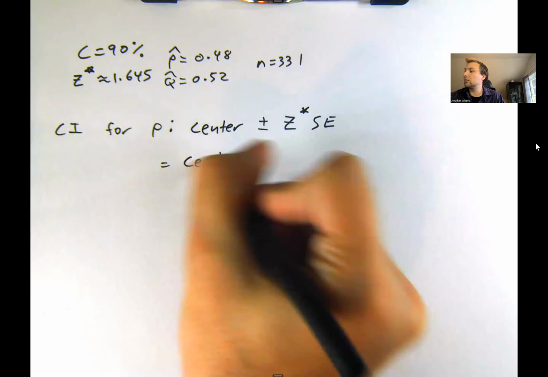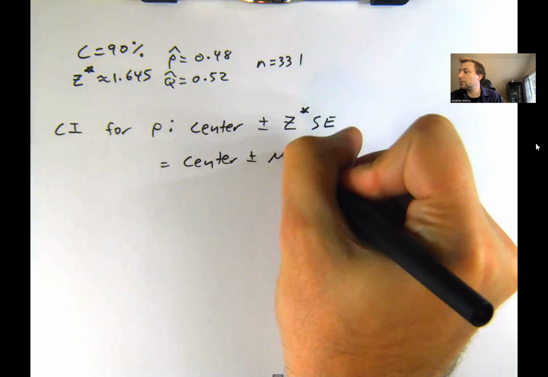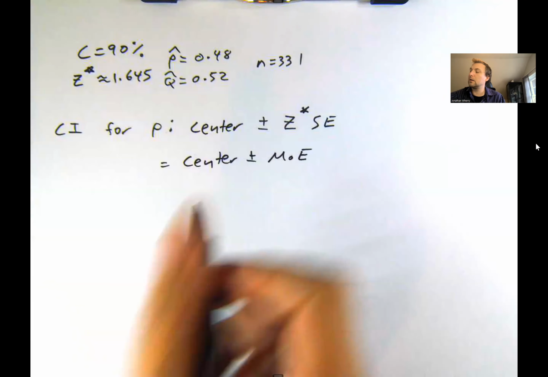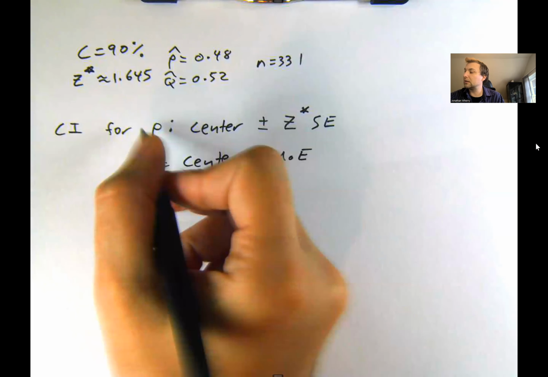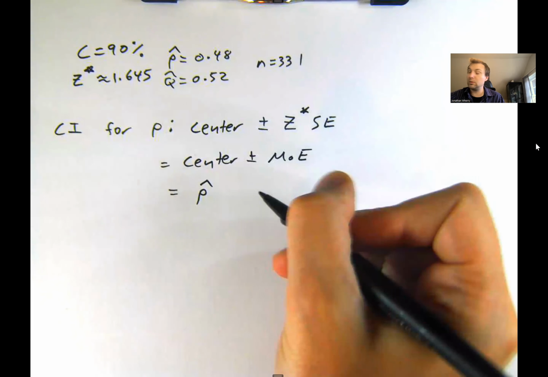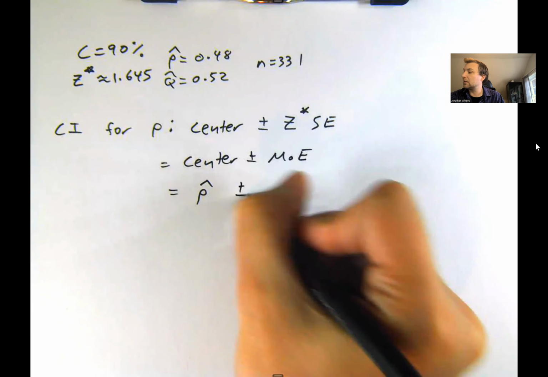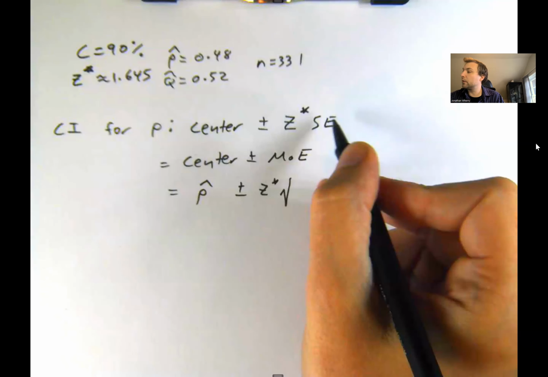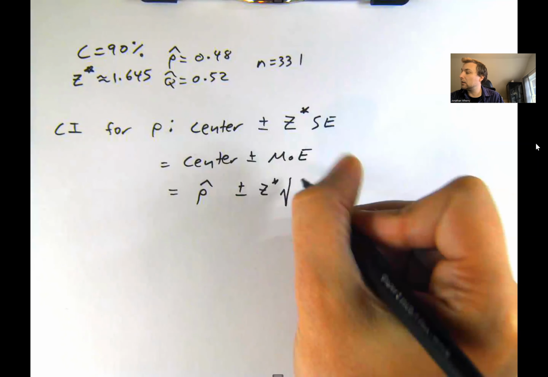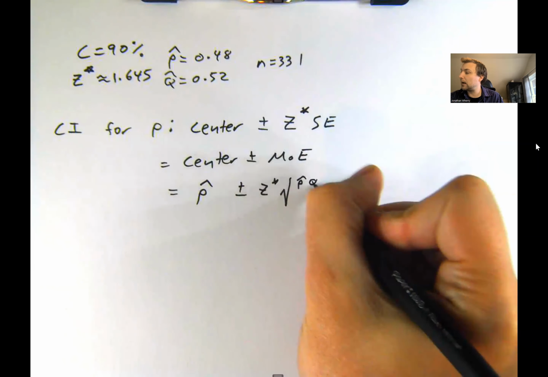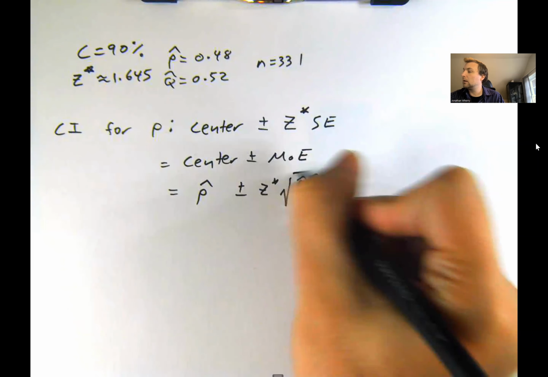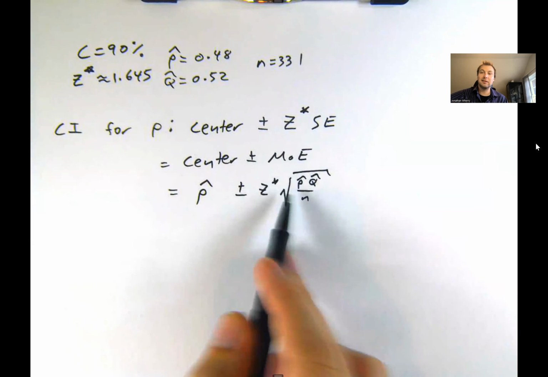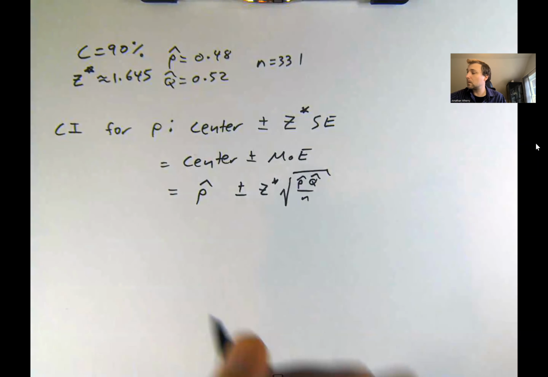So this is really center plus or minus the margin of error. In the case of proportions, this formula is p hat, our center, plus or minus z star times the square root, and the formula for our standard error is p hat q hat over n. So everything after the plus or minus there, that's our margin of error.